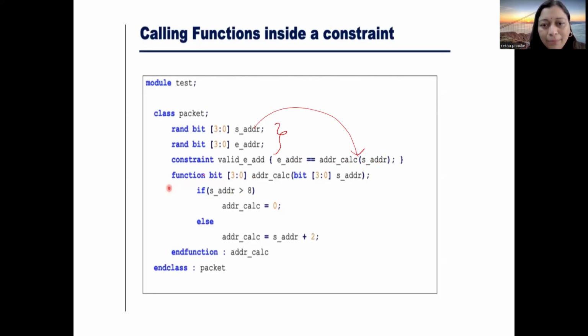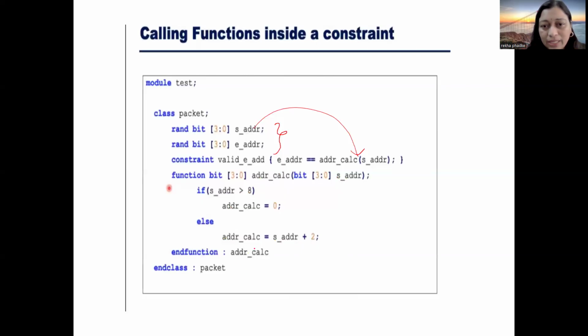So my function is addr_calc. That's my function name, and the return type is s_addr. So I have some condition here. If s_addr is greater than 8, I'm saying addr_calc to be 0, else addr_calc to be s_addr plus 2.